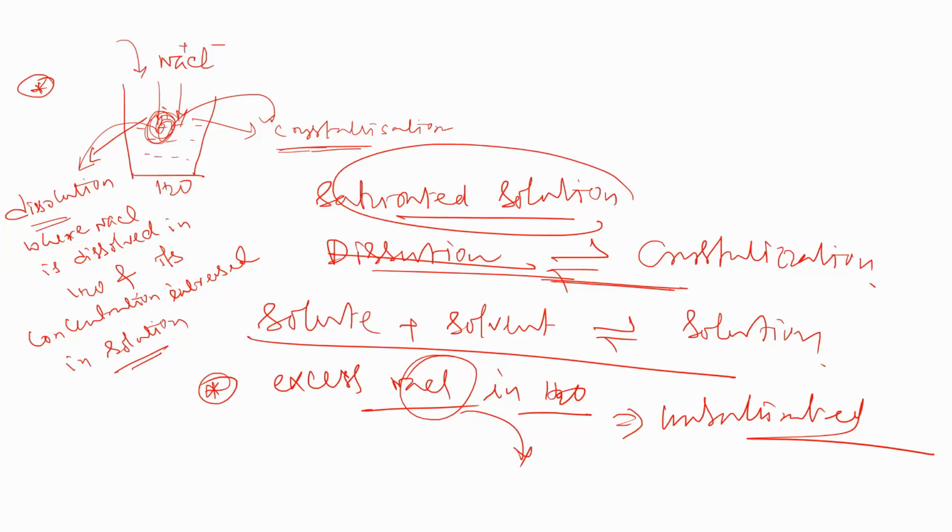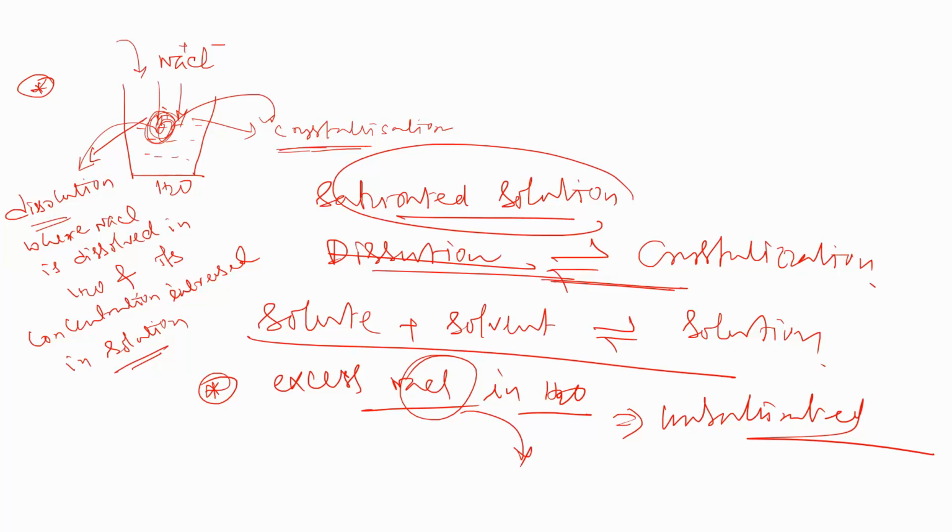When we are adding 5 gram, it will be dissolved. When we are adding 0.1 gram excess, then it will not be dissolved. So up to 5 gram is the maximum amount of NaCl that will make a saturated solution with the water, not 5.1. When we are adding the excess, then it will make an unsaturated solution. So this is the solubility of a solid in a liquid.